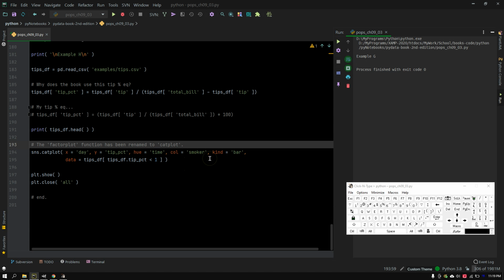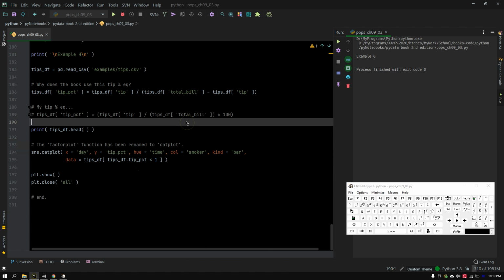Only the smokers. It's a bar chart. And I don't know why they did this to control the percentage. Only, I guess, percentage less than 1. Okay.